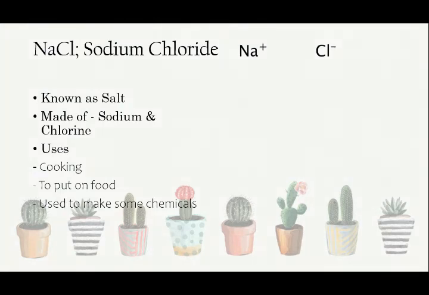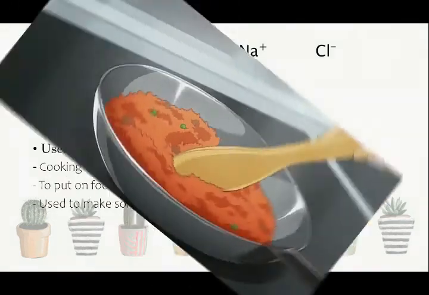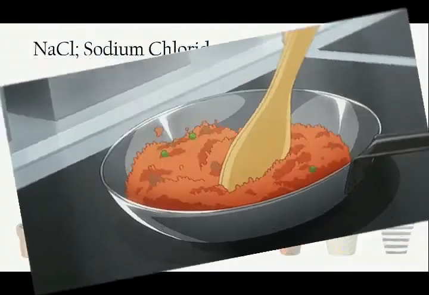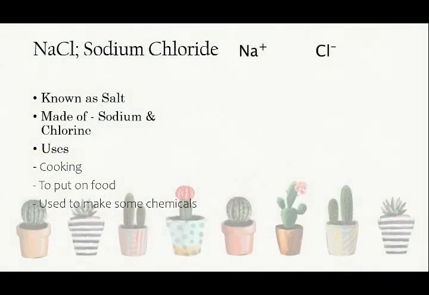Sodium chloride is made of sodium and chlorine atoms. Generally, the uses of sodium chloride are in cooking and to put on food, so the food will become more tasty. Yummy!